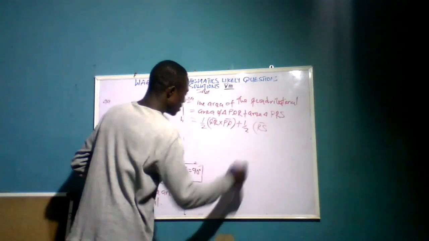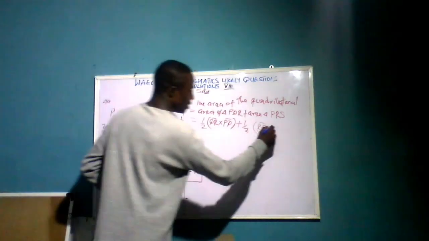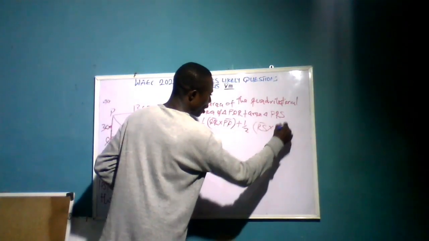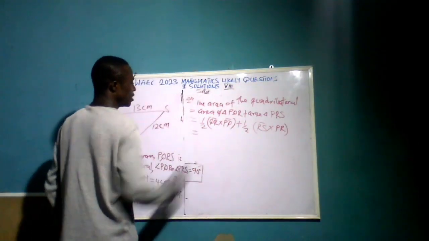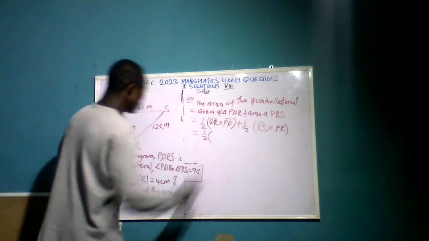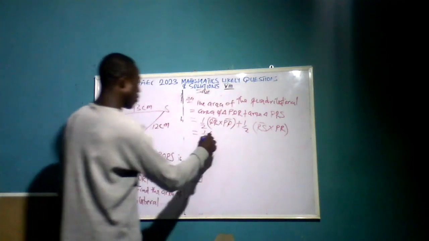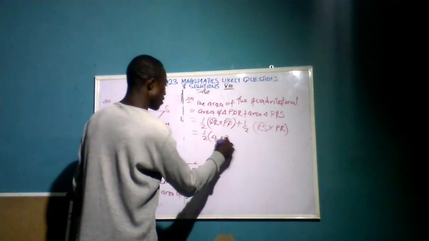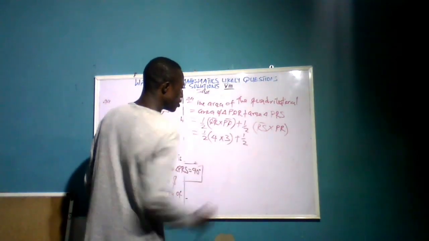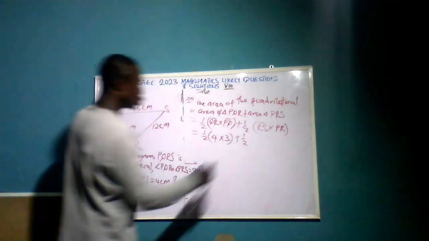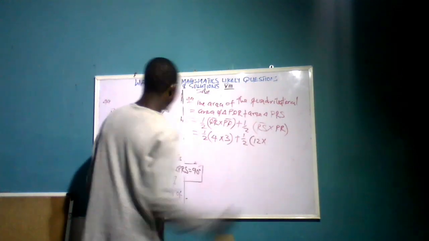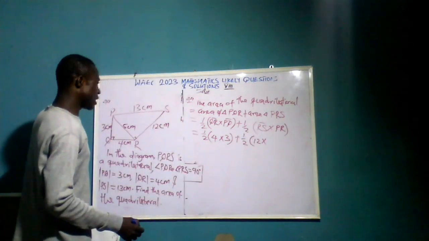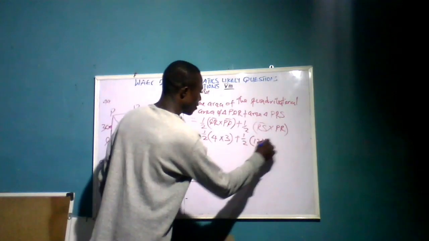RS will be taken as the base, and PR will be taken as the height. So this will be equal to half, what is QR? QR is 4, times PQ, which is 3, plus half, what is RS? RS is 12 times PR, which is 5, okay?